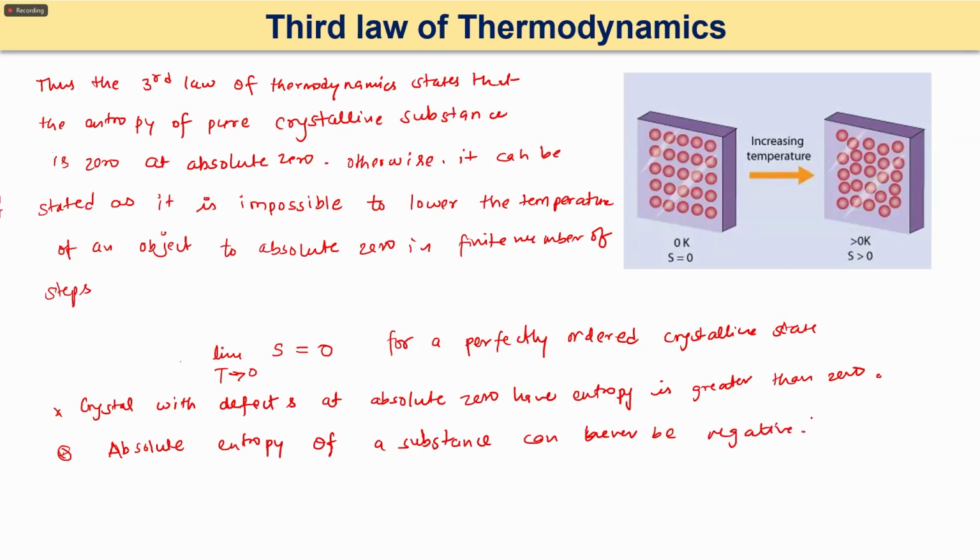So this is shown here: at 0 Kelvin, your entropy is zero. If we increase the temperature above 0 Kelvin, there will be randomness in the system and your entropy will increase. That means your S will always have a positive value and can never be negative.